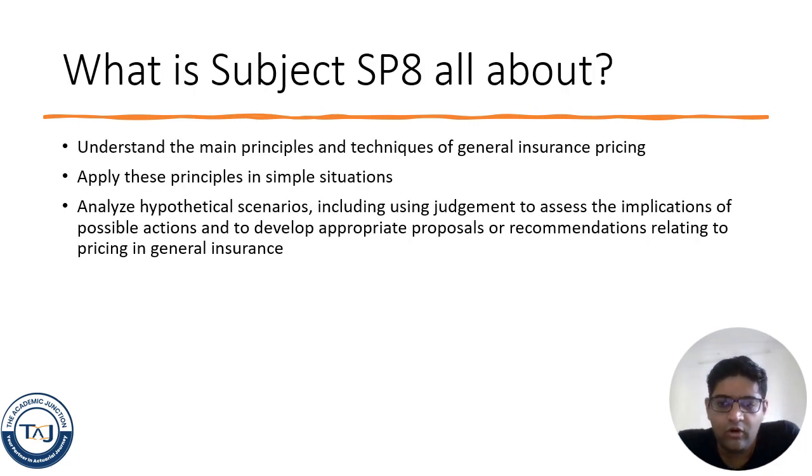So now we know how an SP is different from a CP paper or a CM paper. Let's understand what subject SP8 is all about. This is taken from the CMP of ACTED, which is very straightforward.